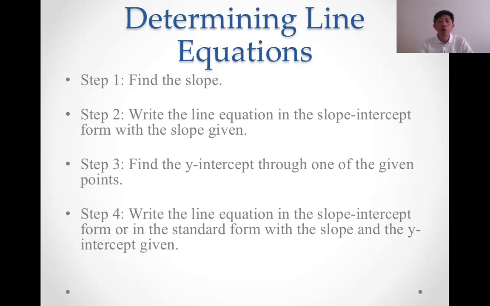Step four, write the line equation in the slope-intercept form or in the standard form with the slope and the y-intercept given. Now, let's do the problem with these four steps and determine the line equation.